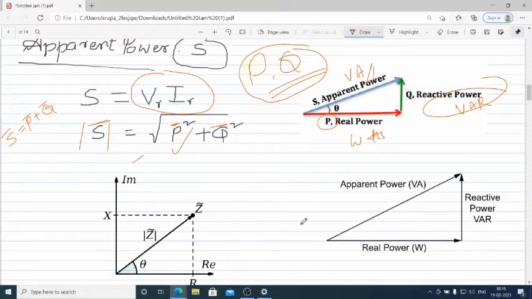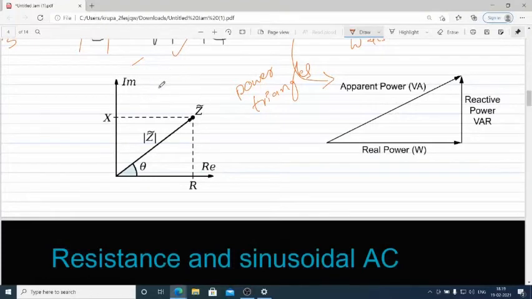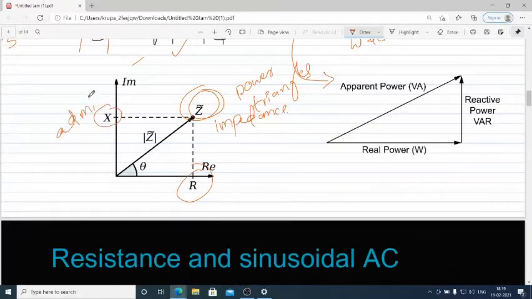Okay, these triangles are the same; they are named power triangles. Z is named impedance, R is resistance, and X is reactance. We will discuss this in detail in further classes.